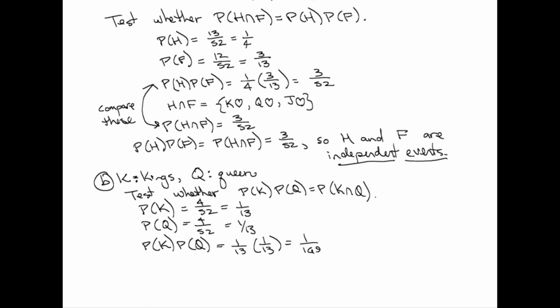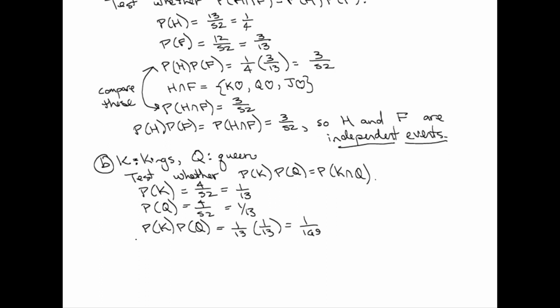Now we need to look at the intersection. What is in the intersection of kings and queens? In other words, what cards can you list that are a king and also a queen? I hope you said none. K intersect Q as we have them defined here is empty. We cannot have a card that is a king and is also a queen.